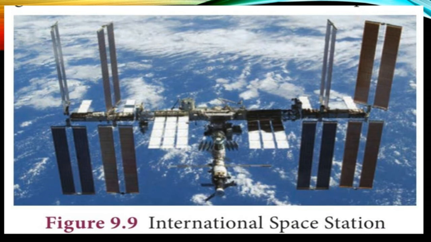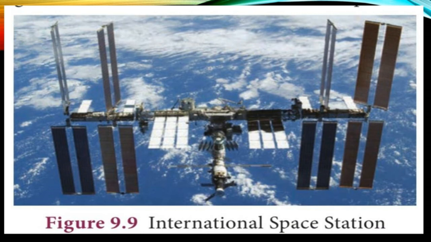It is the largest man-made object in space which can also be seen from the Earth through the naked eye. The first human crew went to the ISS in 2000. Ever since then, it has never been unoccupied by humans.